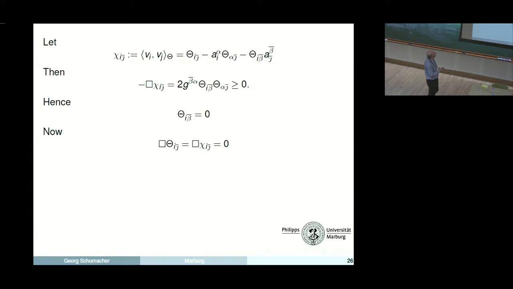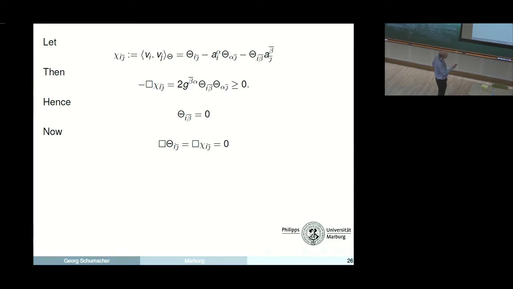the next fact is this one, the Laplacian of the components here, the horizontal components of the curvature of the relative canonical bundle, is equal to the Laplacian of chi.